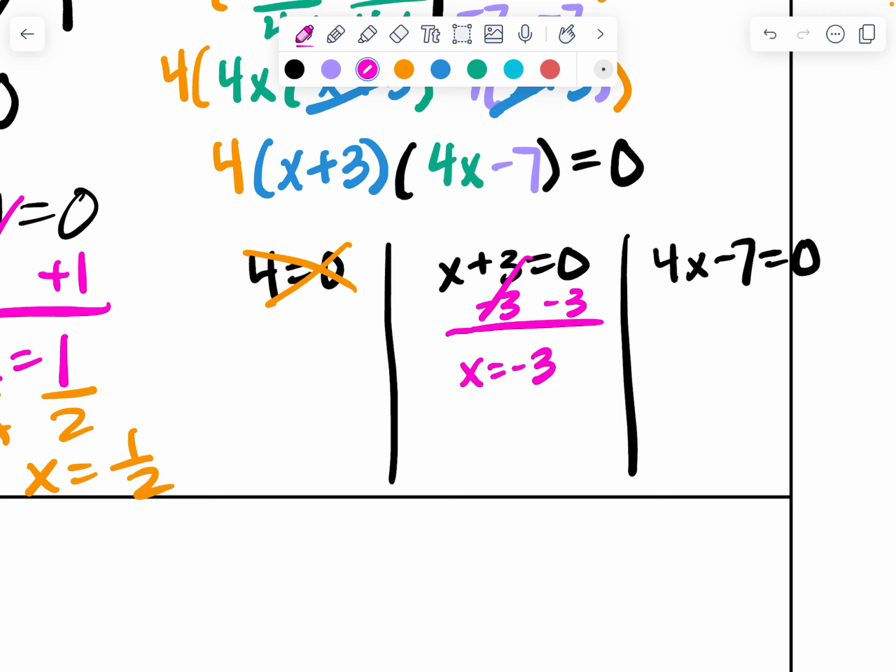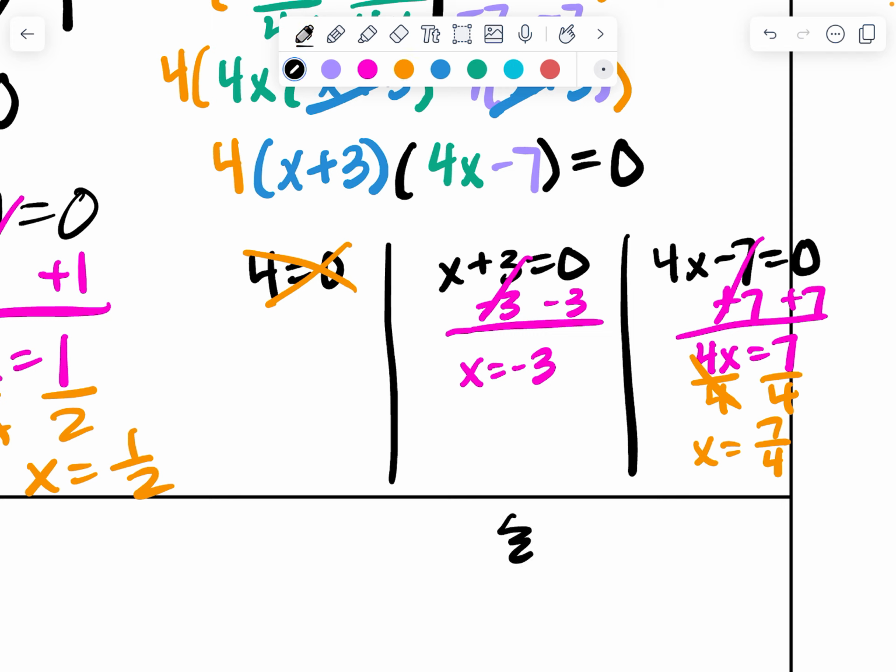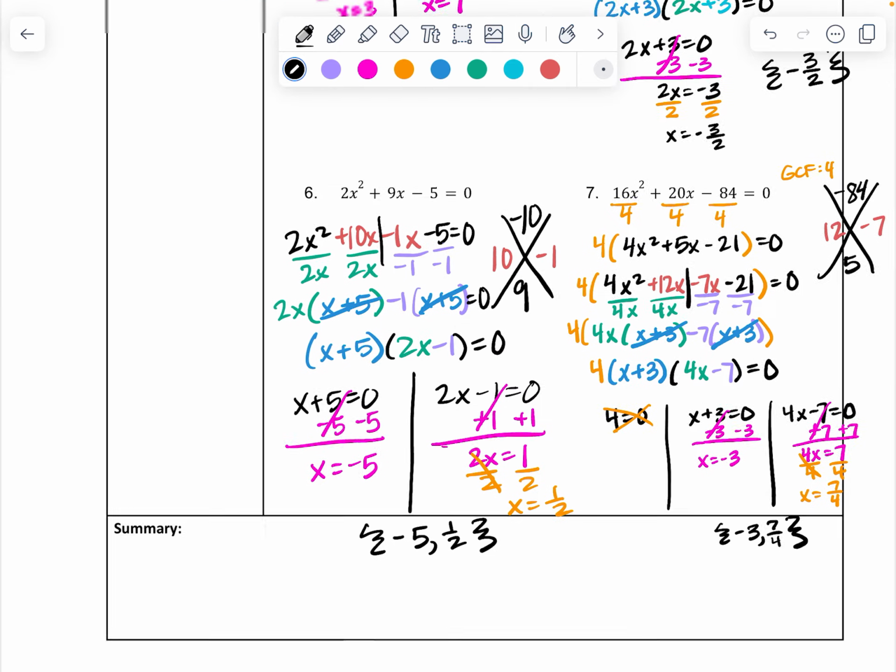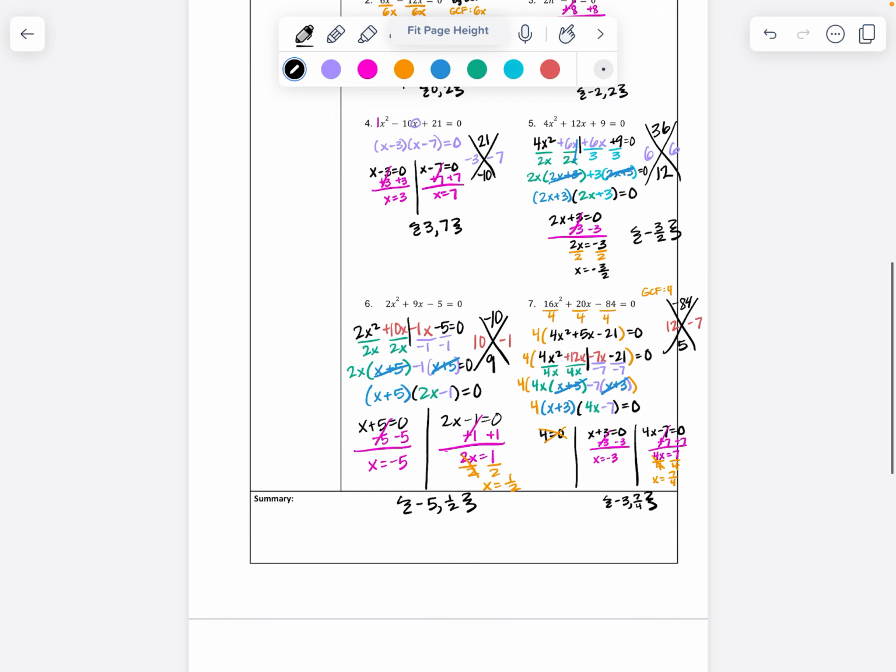X equals negative 3. And then divide by 4. So x equals 7 over 4. Negative 3 and 7 over 4. This is what you'll be practicing today.